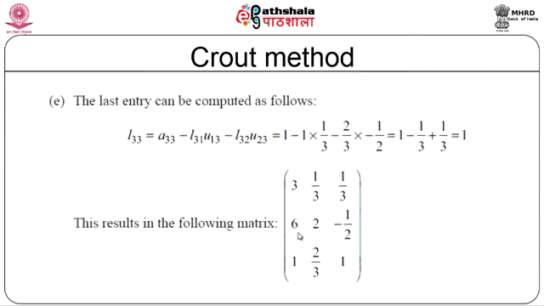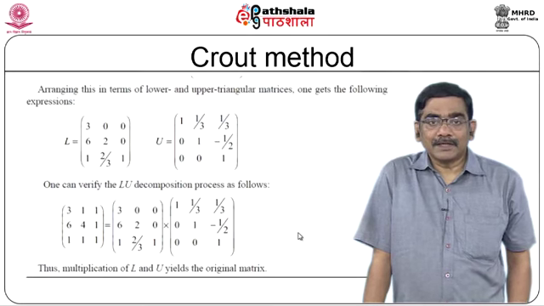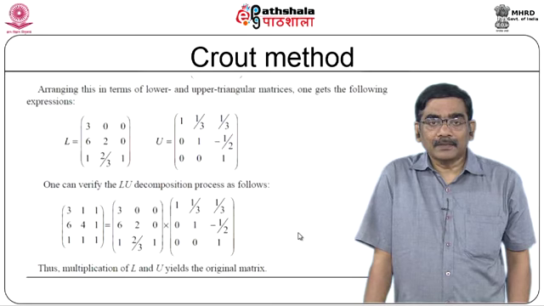So, this results in this particular matrix. Once you have this matrix, you can have the same logic to get your L as well as U. So, you can see that U is having ones in the diagonal and all the lower elements of U are going to be 0.